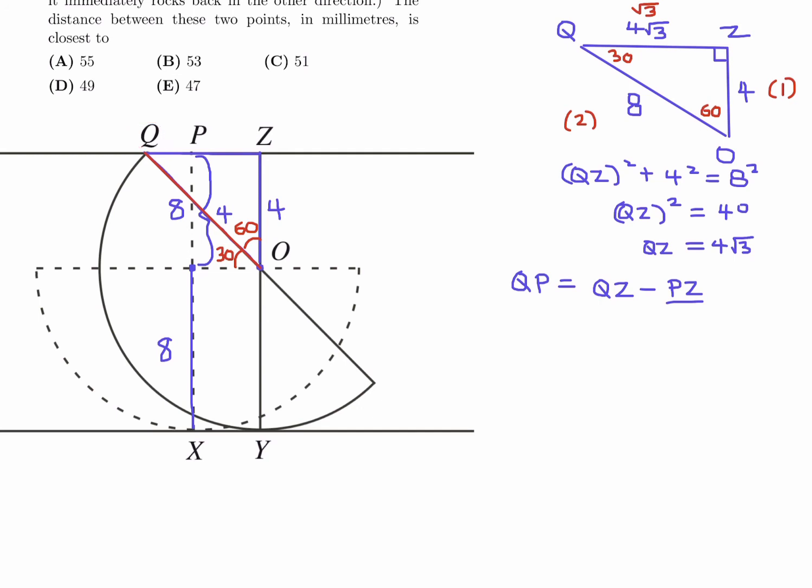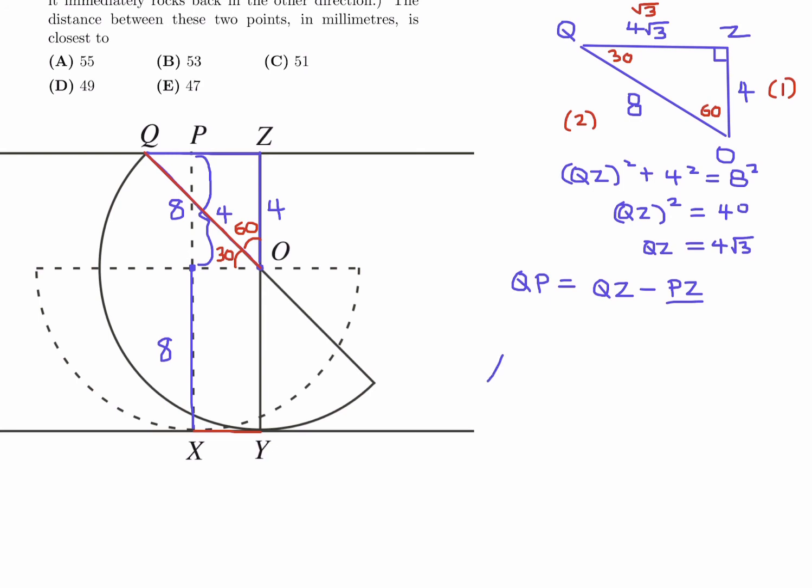And that 30 degrees is very important because it tells me that the distance from here to here, x to y, is essentially a fraction of the circumference of that circle. What is the fraction? 30 degrees over 360 degrees.